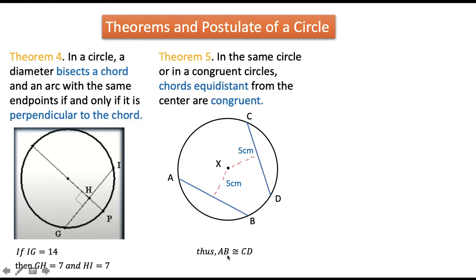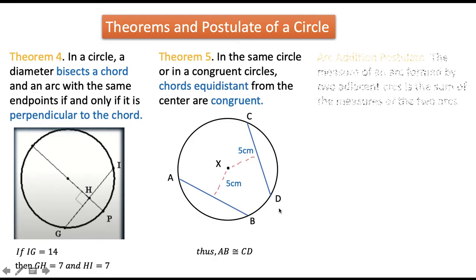Thus, AB is congruent to CD. It means they have the same measure.